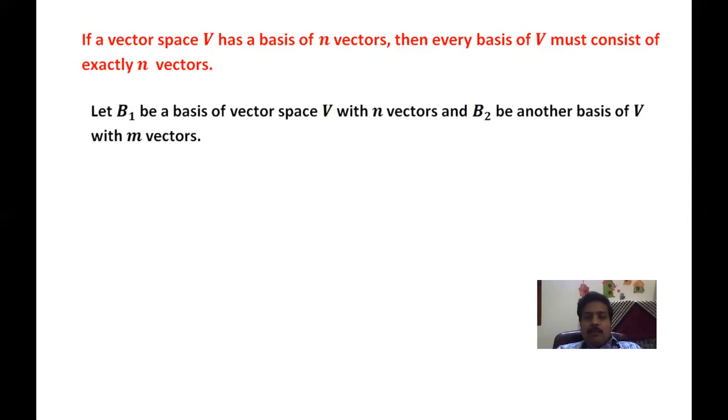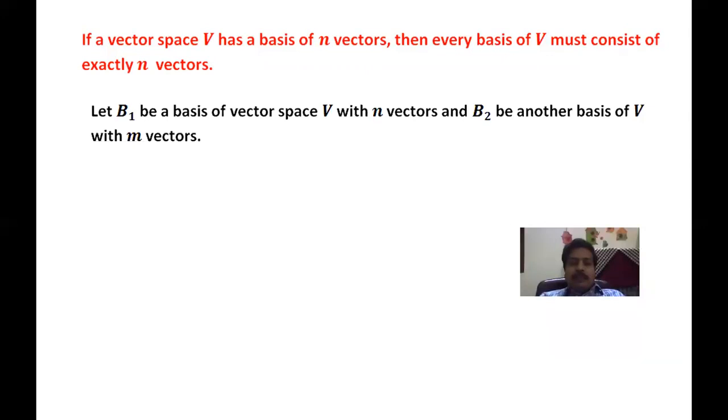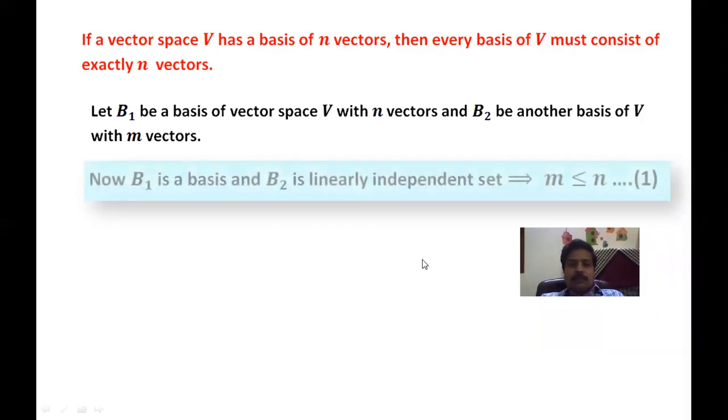Let us take two bases for a vector space V. Of course, there will be any number of bases. Let B1 be a basis of V with n vectors and B2 be another basis of V with m vectors. But assume that these two bases have different numbers of vectors.